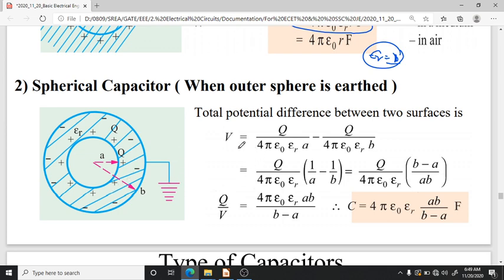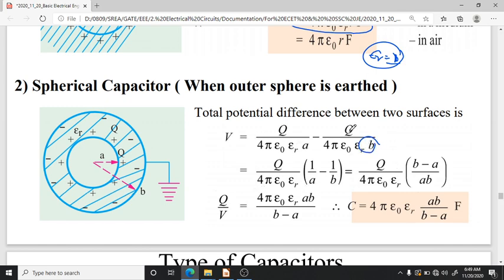Then the formula is V equal to Q by 4 pi absolute permittivity into A, where A is the radius of the inner sphere, minus the same term for the outer sphere, where B is the outer sphere radius.